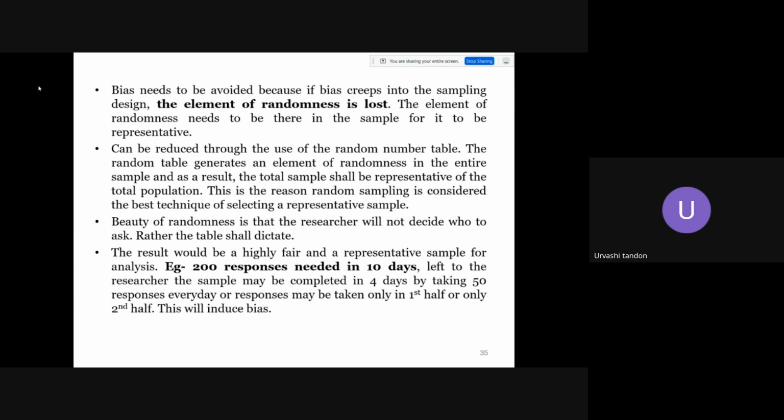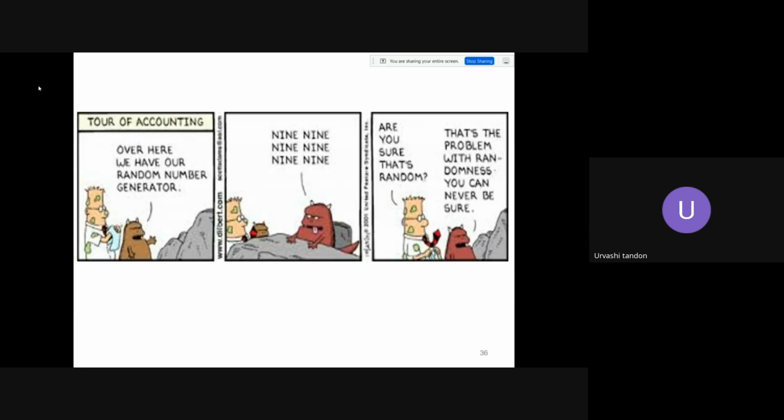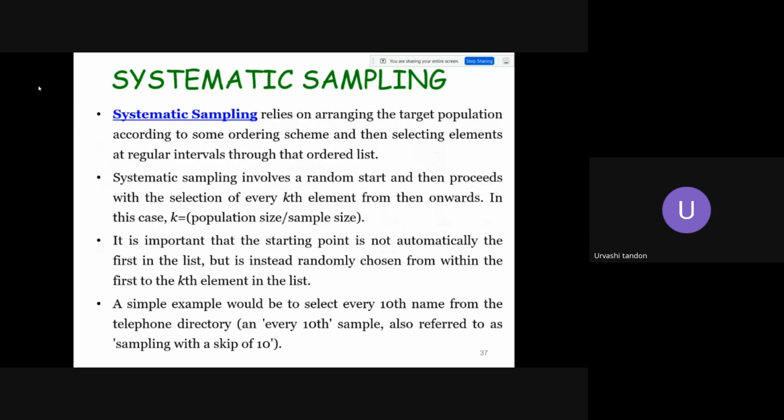Maybe it leads to multicollinearity where correlation is very high, and then again the bias is there. So until and unless you are an expert yourself, never ever play with the data. This is what I suggest to my scholars also, right? So here again, this is a random number generator, but the problem with randomness is you are never sure whether this is a random number or not, right?